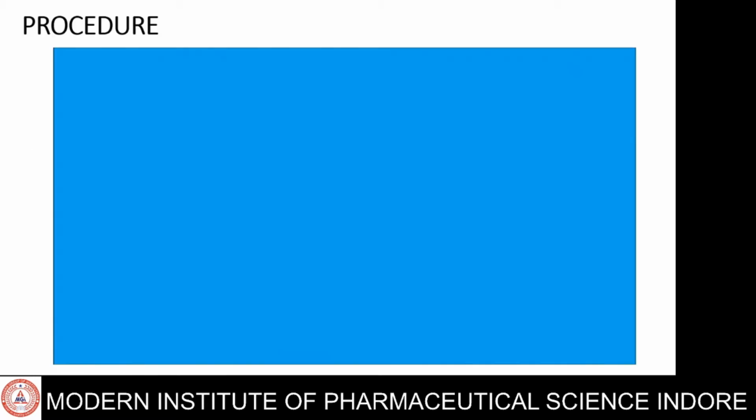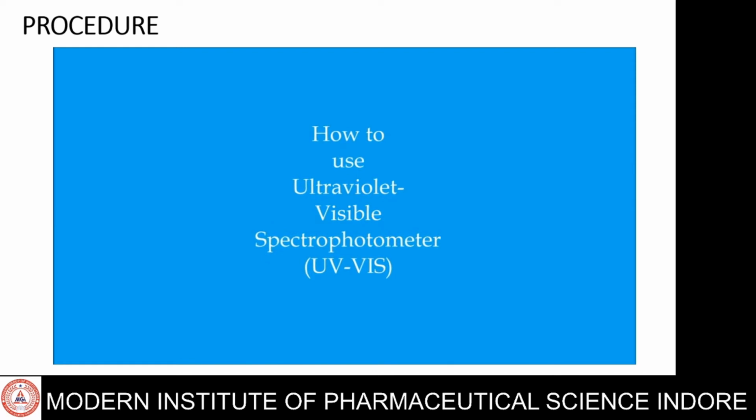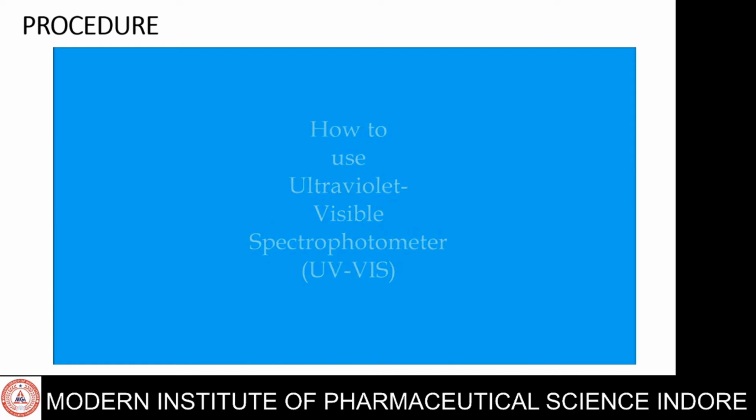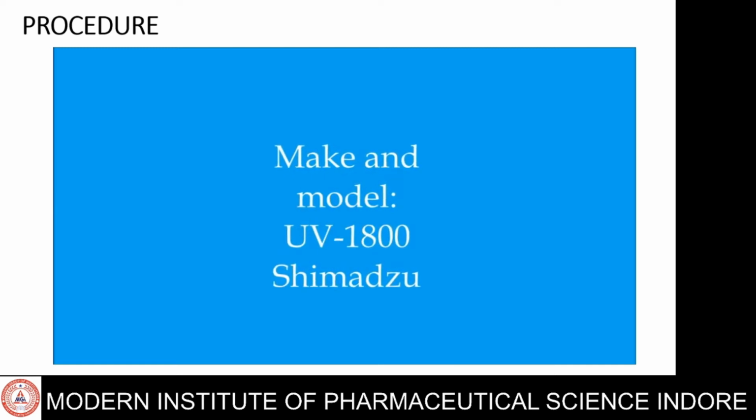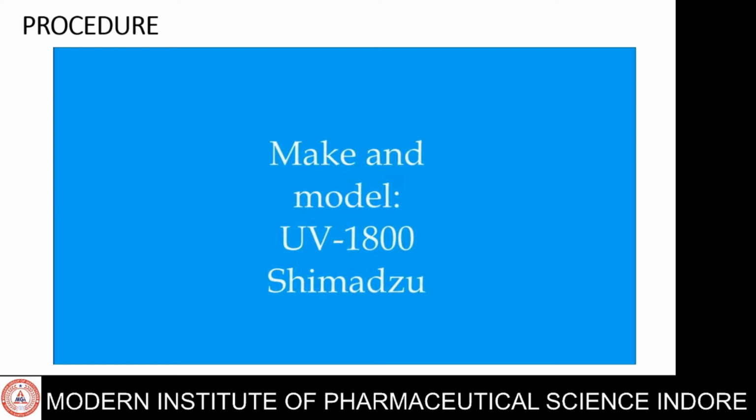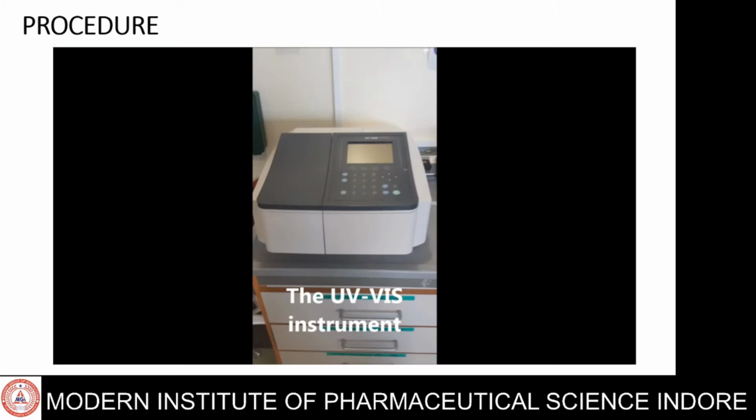So, this is the procedure for how to use the ultraviolet visible spectrophotometer. Make and model: UV 1800 Shimadzu. These are available in Modern Institute of Pharmaceutical Science. This is the UV visible instrument.